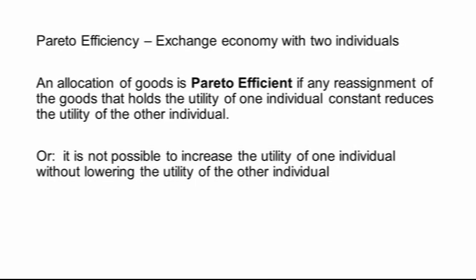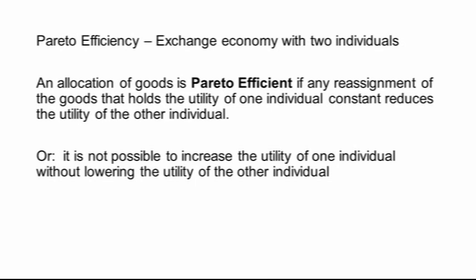The key concept here is the idea of Pareto efficiency. An allocation is Pareto efficient if I cannot rearrange the goods to make one person better off without making the other one worse off. And so obviously a distribution is not Pareto efficient if I can rearrange the goods so that I can make both people better off.